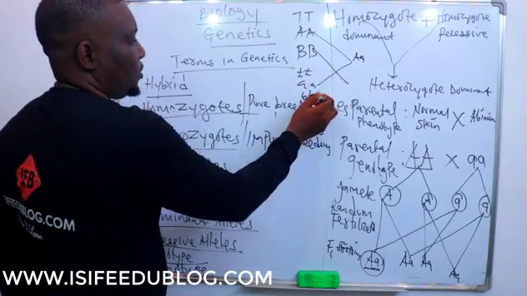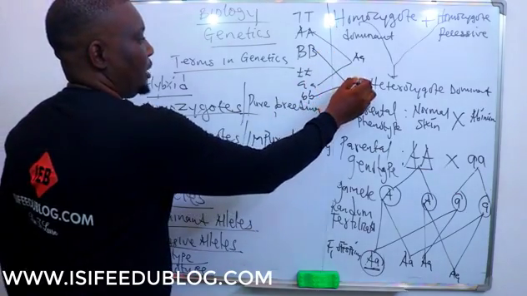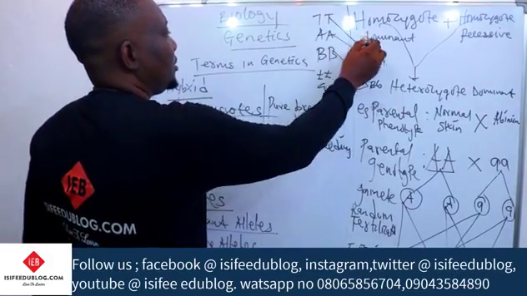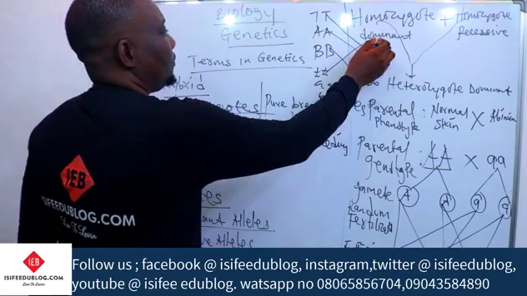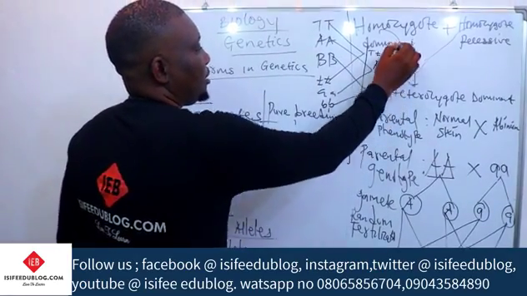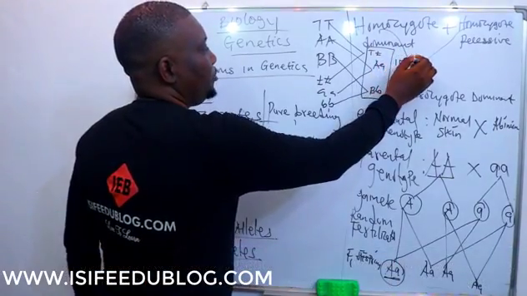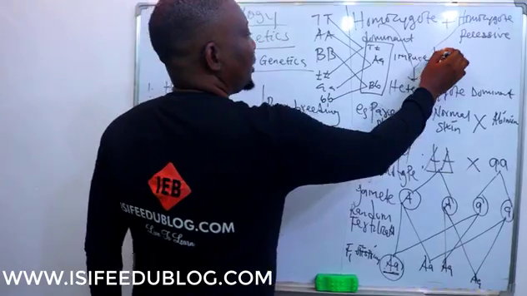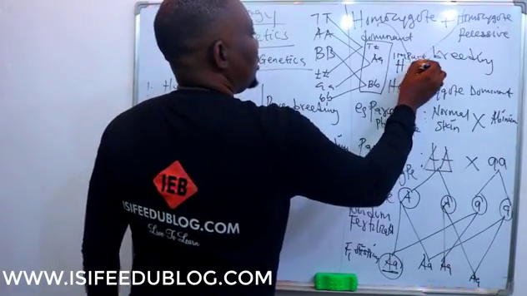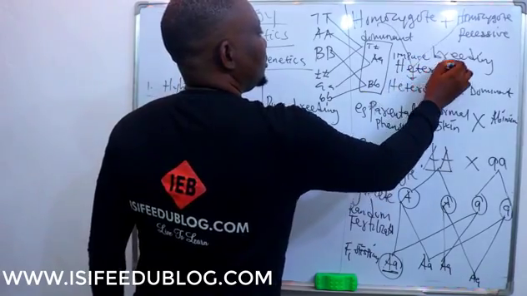This can go and give me an impure of this. And then we have this with this. I can have this impure. So these are impure breeding or heterozygous.